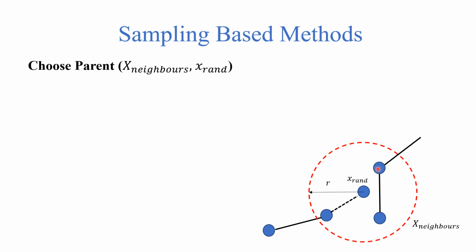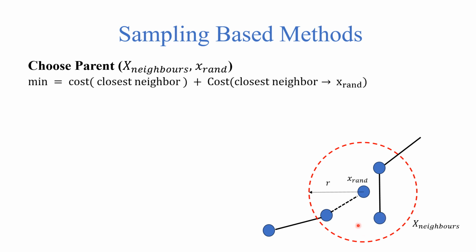That's 1, 2, 3. Okay, so first we're going to initialize the variable minimum to be the cost of the closest neighbor plus the cost of the transition from the closest neighbor to xrand. So this is just initialization for the min variable.